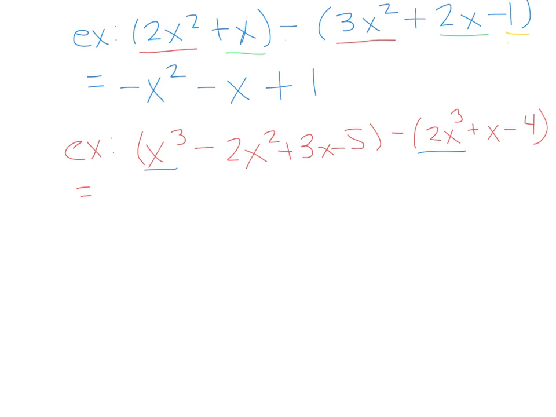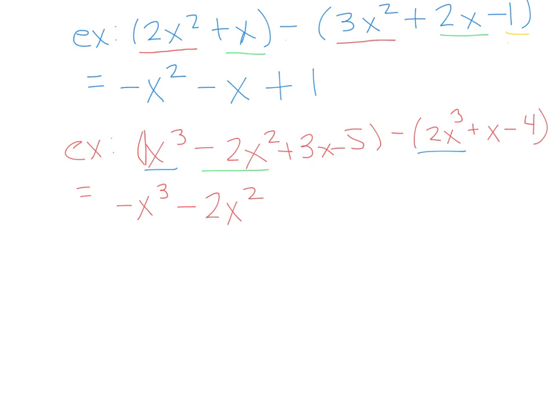We can assume that we've got a 1 for our coefficient here, so 1 minus 2 is going to be a negative 1, so we get a negative x cubed. And the x squared terms, we only have just the minus 2x squared. There's not an x squared term in the second polynomial, so that's just a minus 2x squared.